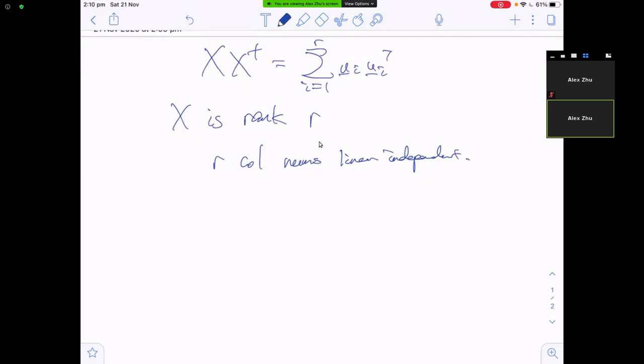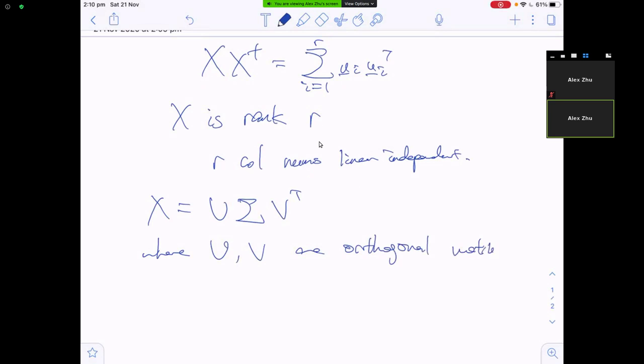So how do we do this question? It's not too hard. You just need to use the singular value decomposition, which states that X is U times sigma times V transpose, where U and V are orthogonal matrices.